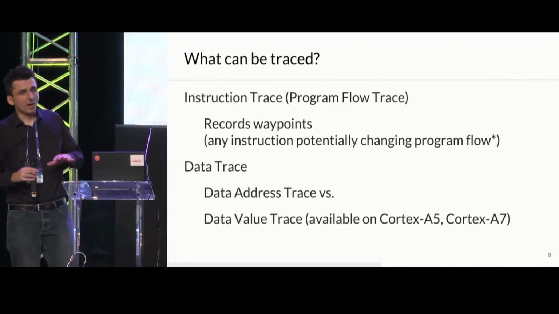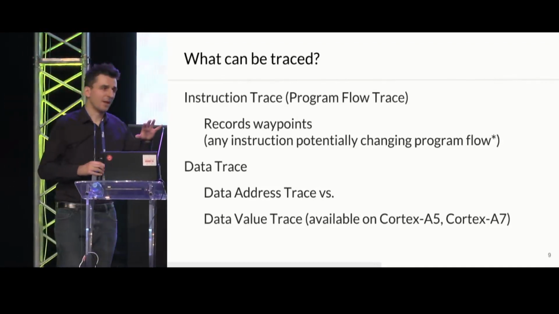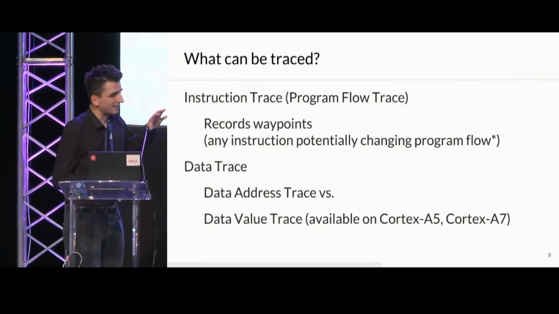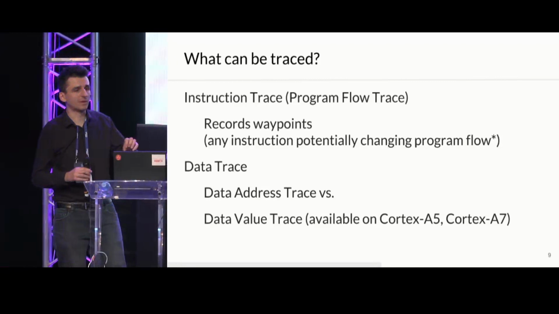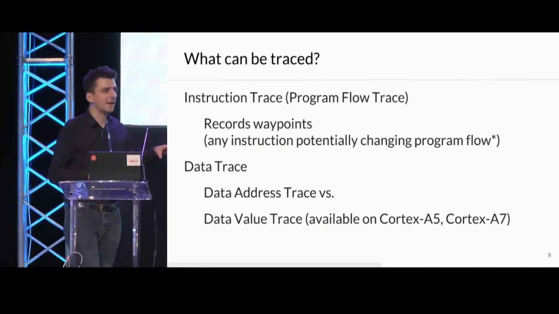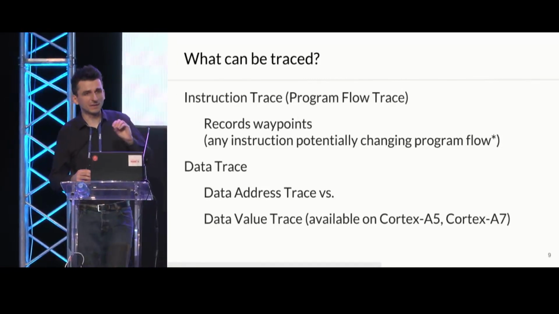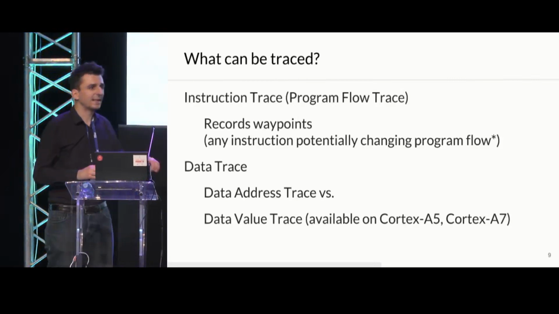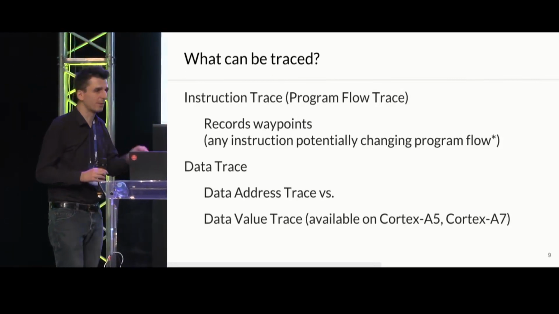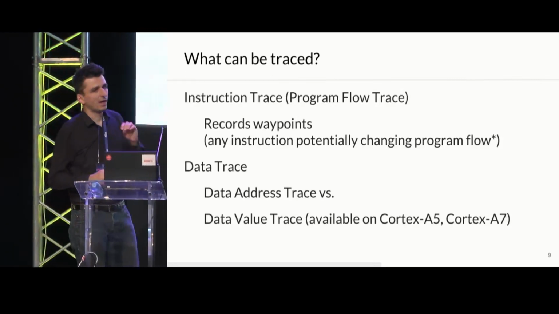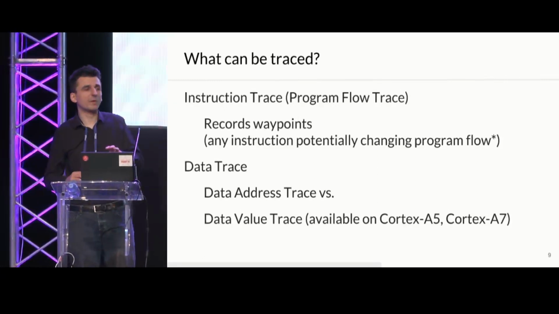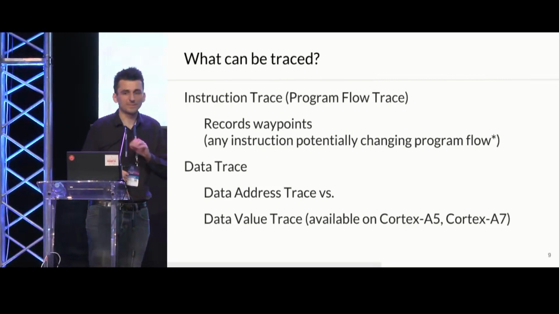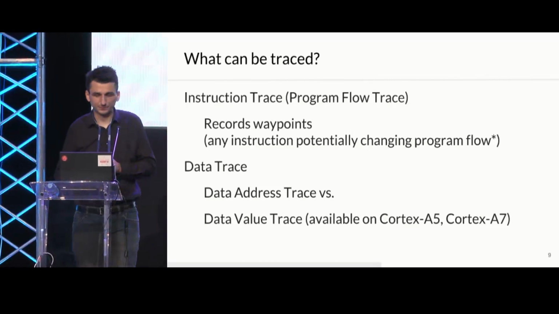The problem with this is that it's only available in less complex cores, basically the lower end, so in the Cortex-A5 and the Cortex-A7. It's not available in the high-end cores because it's too complicated. In the ARMv8 cores, you almost always see that data value trace is turned off.